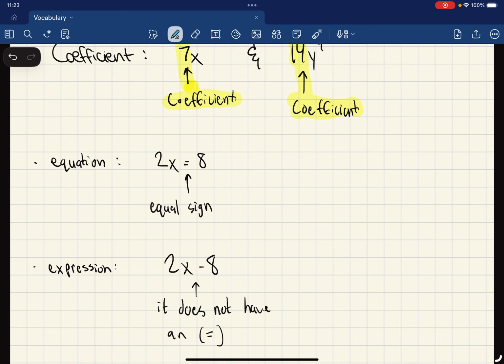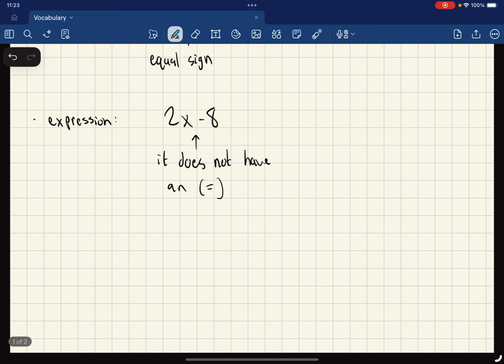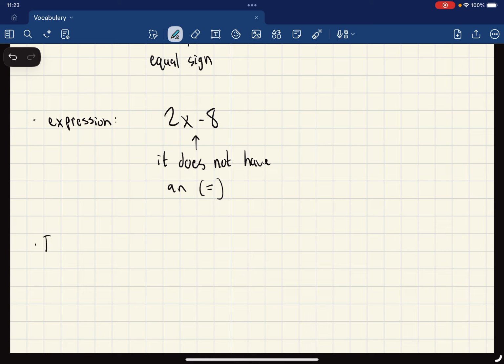Another one we're going to go over is terms. Terms of an expression or equation or inequality are separated by a plus sign or a minus sign or an equal sign. Here's an example of some terms. If I gave you 3x to the power of 2 plus 10x plus 7, we can see that there are 3 terms.